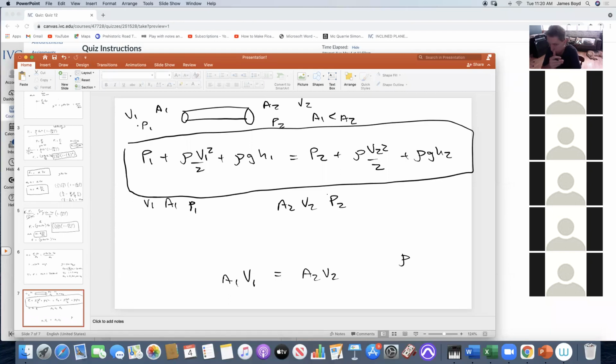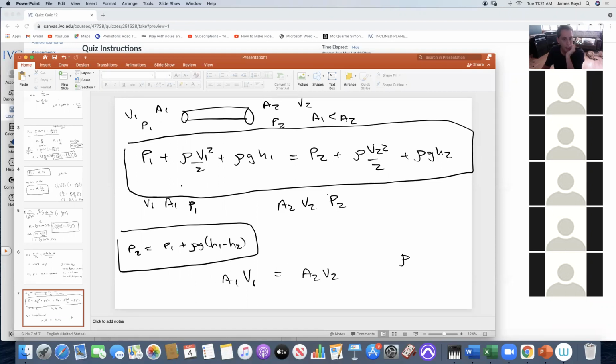So what's nice too about it is the other thing that we learned in fluids was P2 is equal to P1 plus rho g (h1 minus h2).